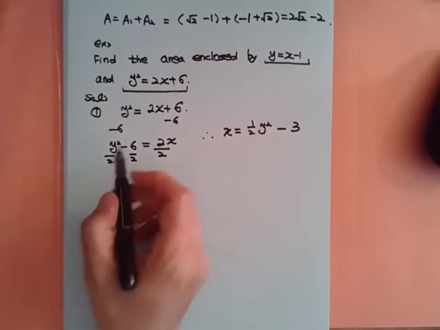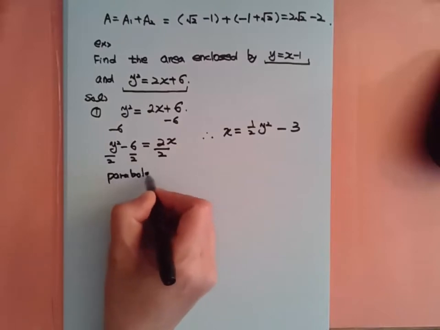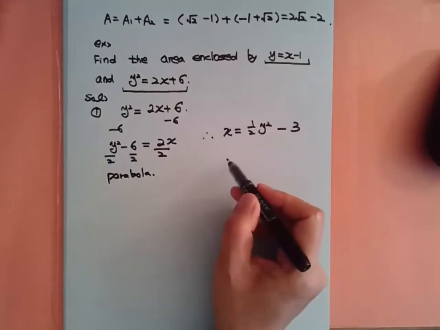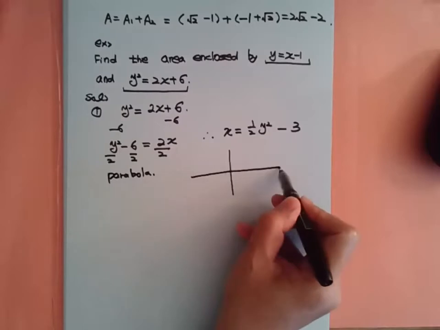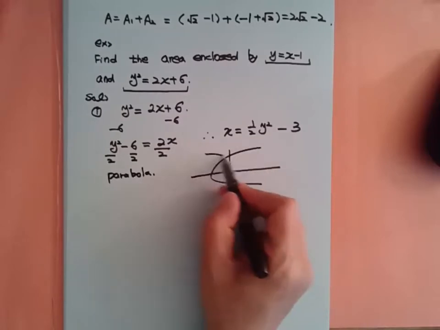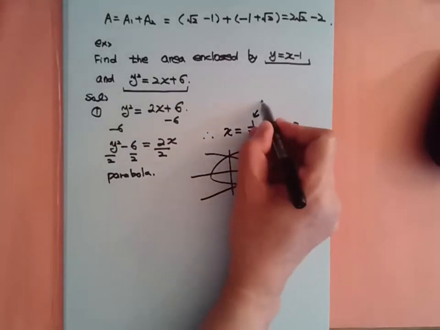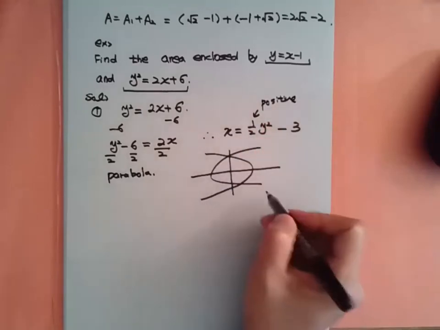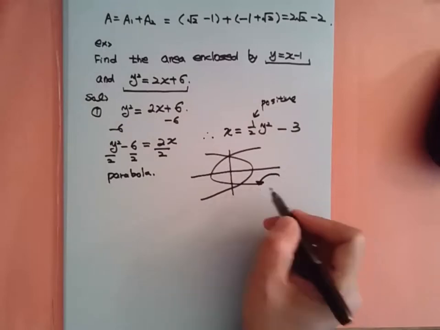This is the parabola, defined as a function of y. So it is either this one or this one, but we know that this is positive, so we can easily figure out that it should be this one.